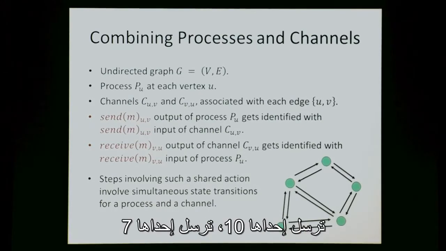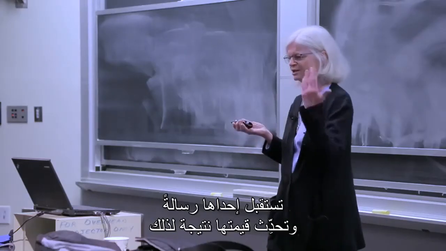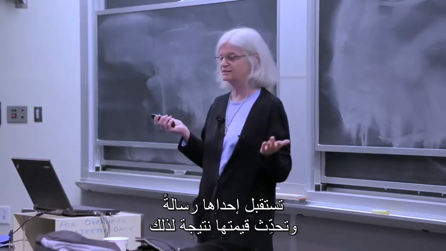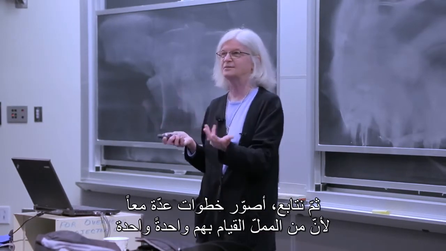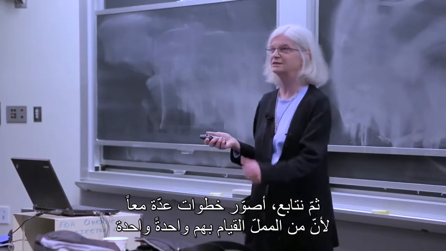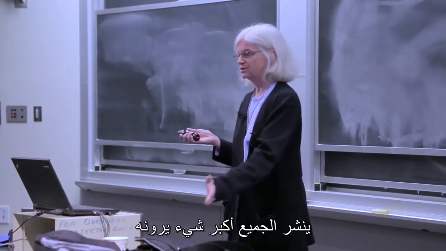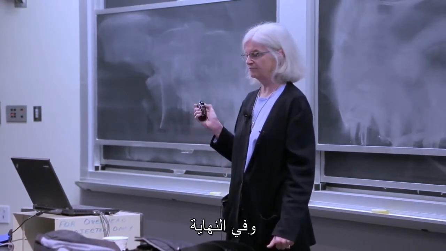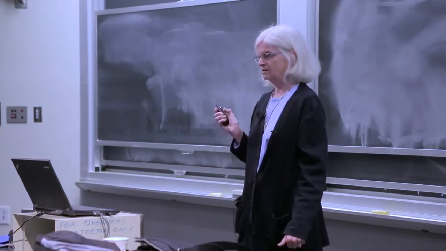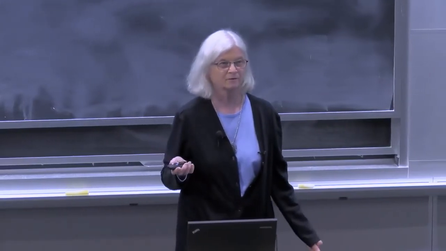Somebody sends a 10, somebody sends a 7, somebody received a message and updated its value as a result. And we continue. I'm depicting several steps at once because it's boring to really do them one at a time, but the model really says that they take steps in some order. So everybody's propagating the largest thing it's seen, and eventually you wind up with everybody having the maximum value, the 10. Okay?